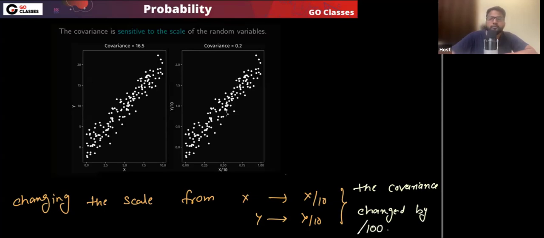So this number 16.5 or 0.2 is covariance, which doesn't say anything. By looking at the covariance number, you can't infer anything.